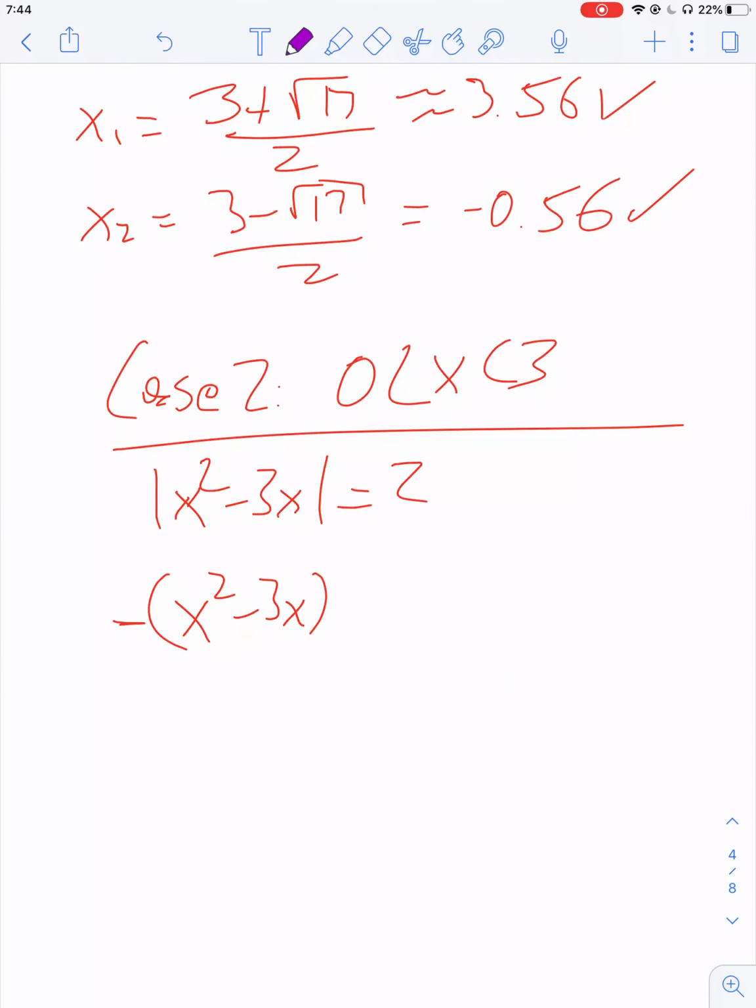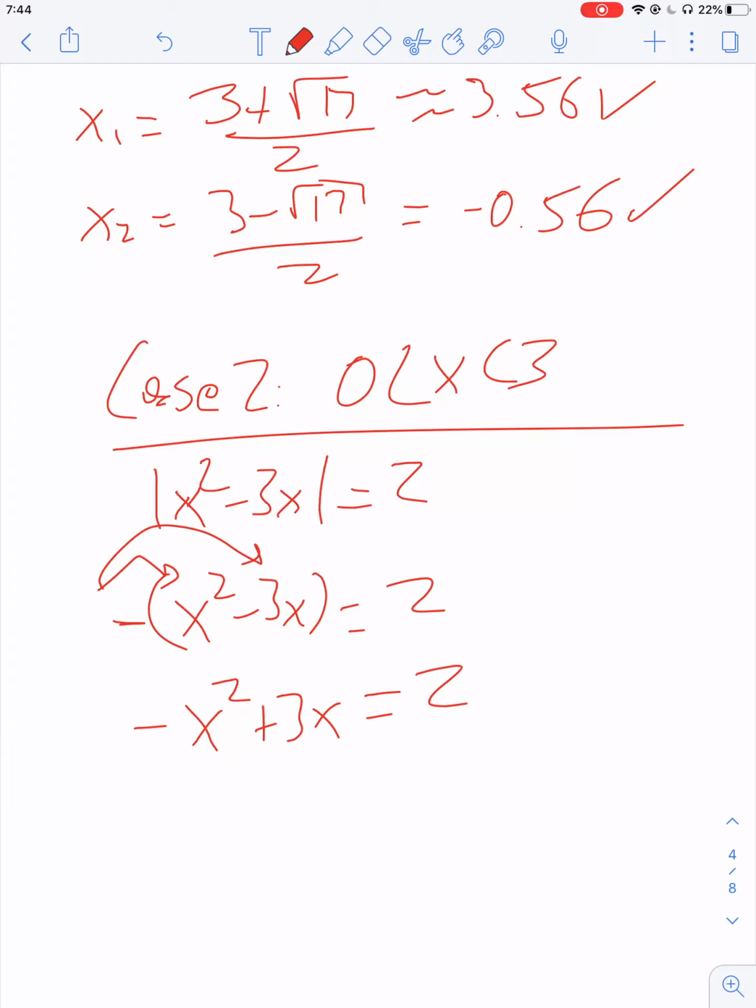Okay, so this is equal to 2. And then if you want to distribute the -1, so multiply by -1, this becomes minus x squared plus 3x is equal to 2. And then just make everything equal to 0.